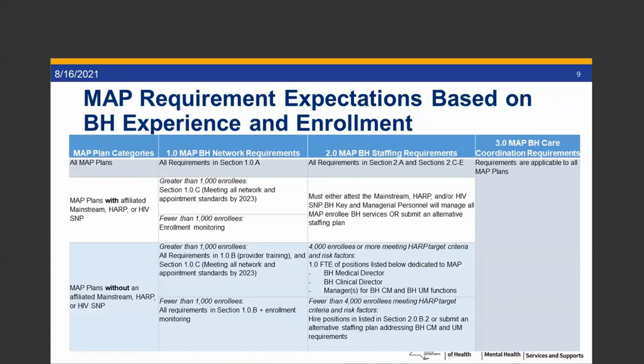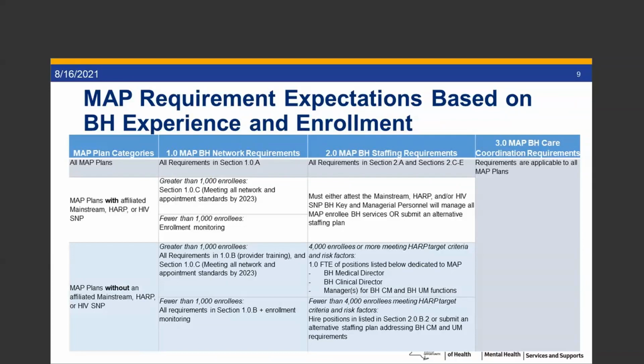So for the staffing requirements, the MAP plans with the affiliated mainstream HARP or HIV SNP must either attest they will utilize the same BHT and managerial staff from the mainstream or HARP HIV SNP product line that Alyssa was discussing earlier, or you can submit an alternative staffing plan. But we think it's very important to be utilizing the key staff just for that continuity.